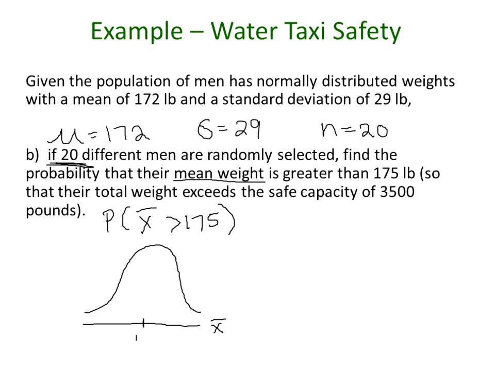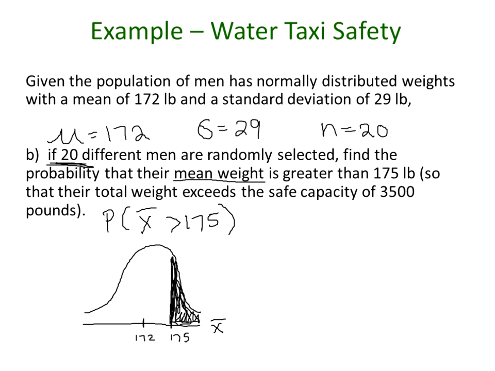Okay, so labeling this is very similar. We have 172 for the mean. 175 is to the right. And the region that we're shading is the same region. But keep in mind that now we're looking at the distribution of sample means. So shading everything to the right, that's still the same.